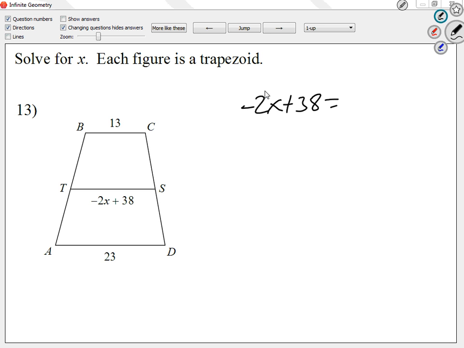Negative 2X plus 38 is equal to 13 plus 23 over 2. In the fraction, I add the 2 bases. My fraction is all numerical, so we can simplify it. How much is 13 plus 23? 36. And then how much is 36 divided by 2?